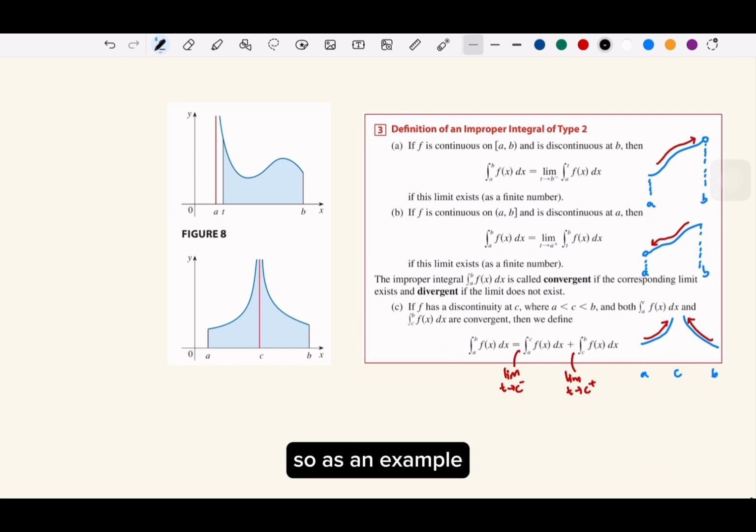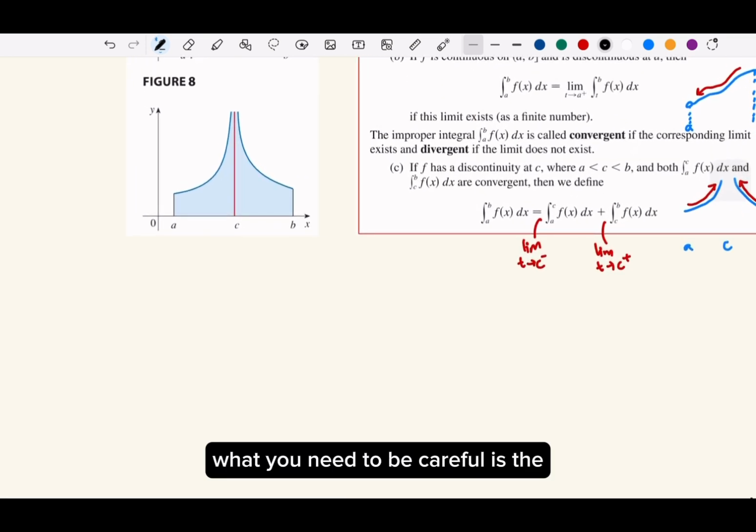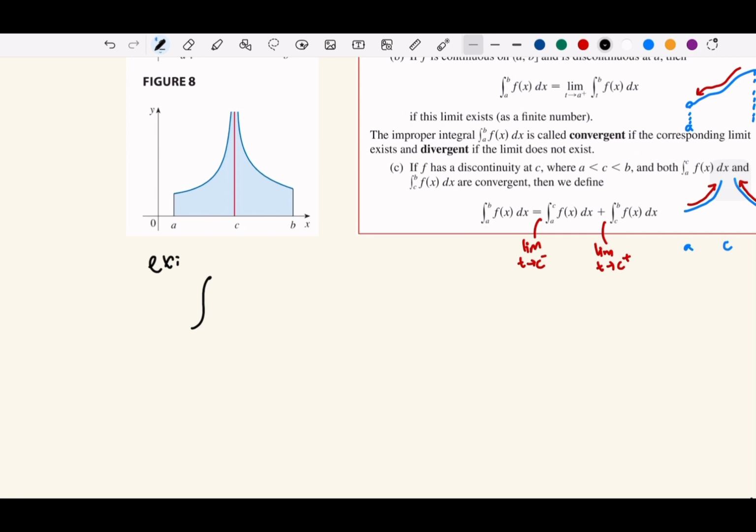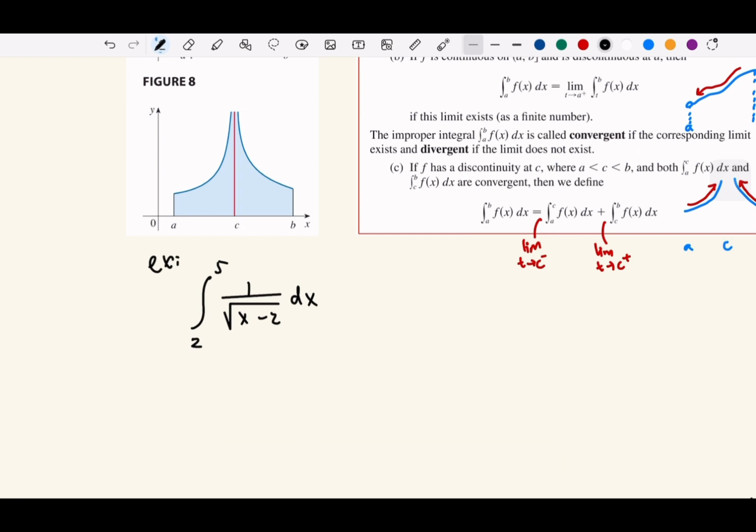So, as an example, how to work out the type 2. What you need to be careful about is the domain of the functions. Okay? So for example, if we have an integration, let's say we have the integral from 2 to 5 of 1 over square root of x minus 2 dx.